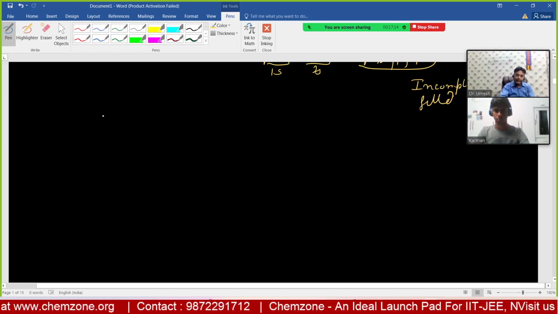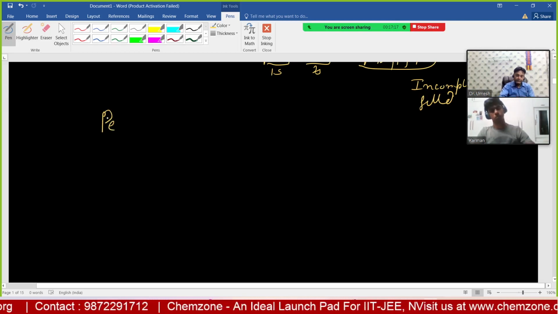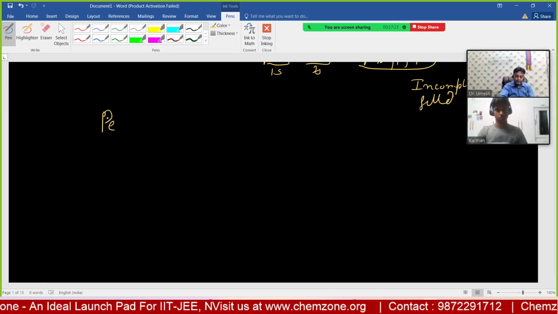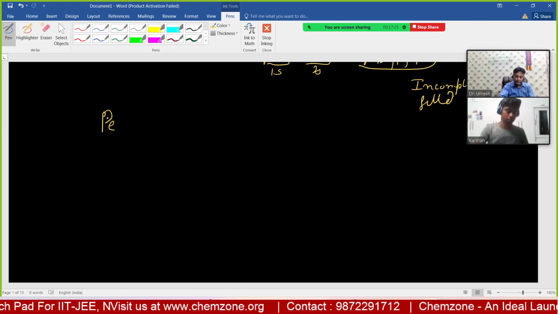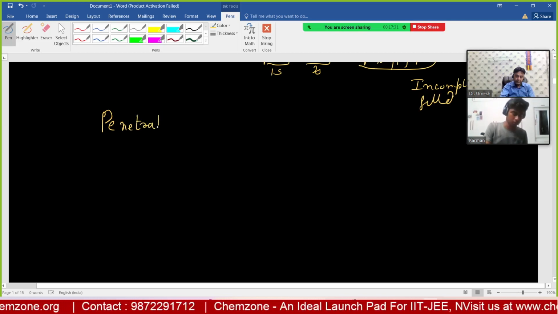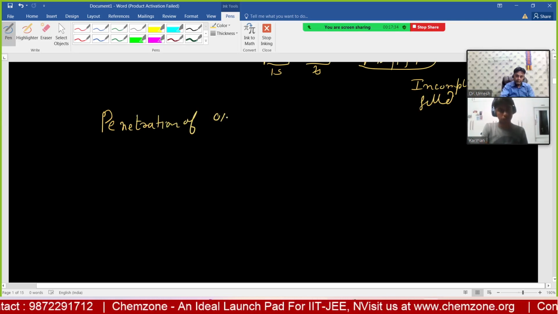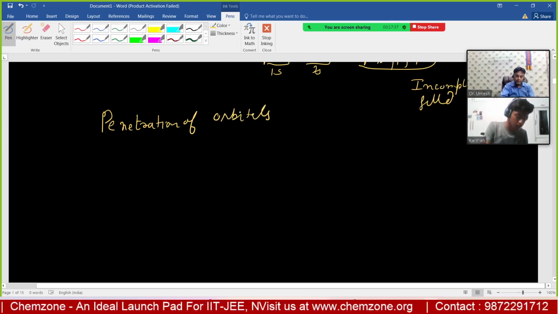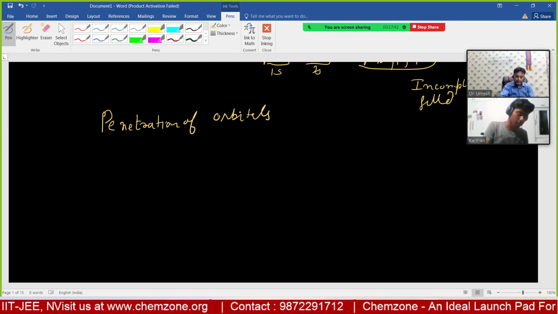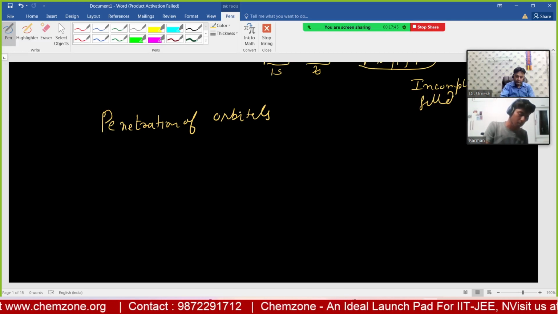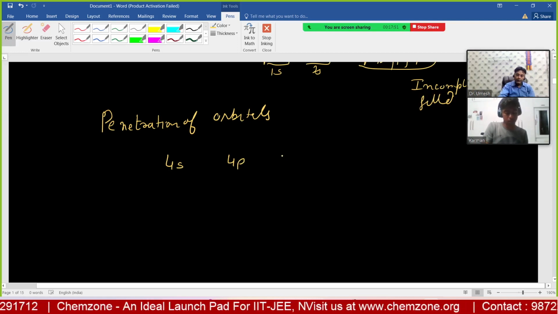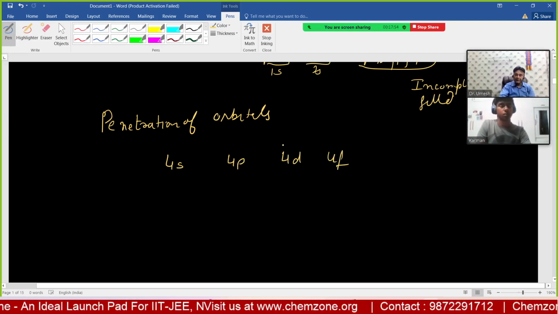Second is the penetration of orbitals. For example, we have the 4s subshell, 4p subshell, 4d subshell, and 4f subshell, right?